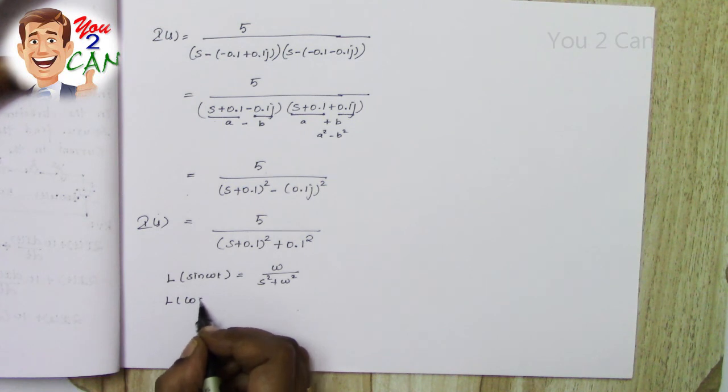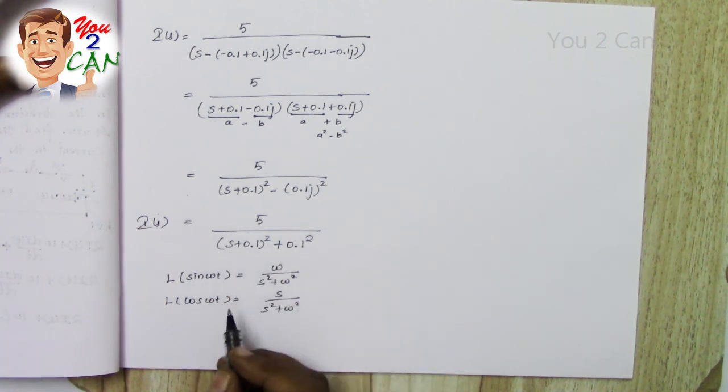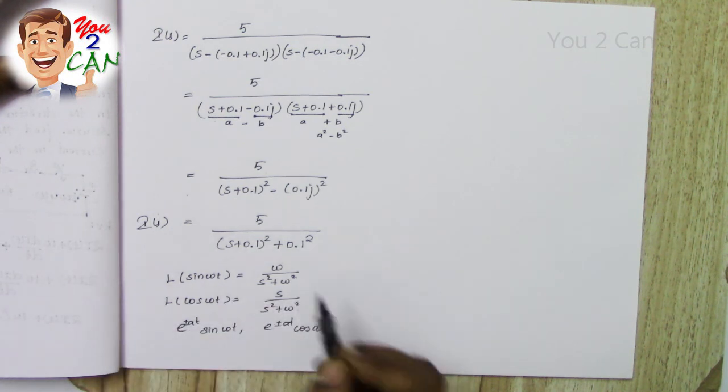Laplace of cos omega t is s by s squared plus omega squared. If this s is replaced by s plus something, we will get e power plus or minus at sin omega t, otherwise e power plus or minus at cos omega t. We know already these formulas.